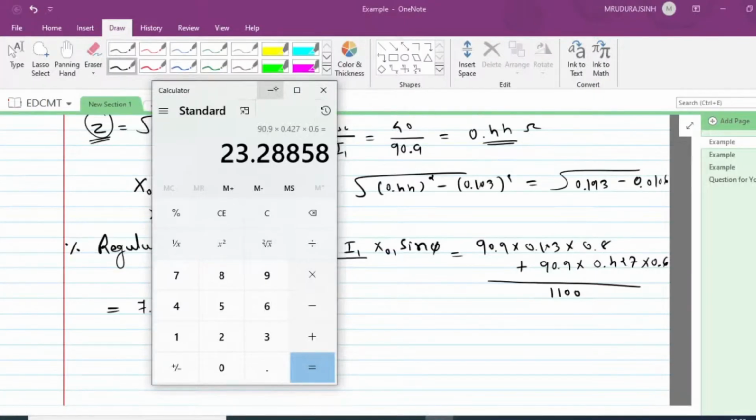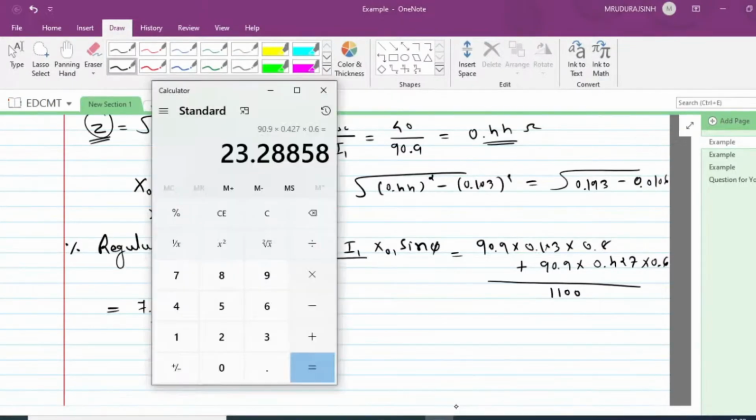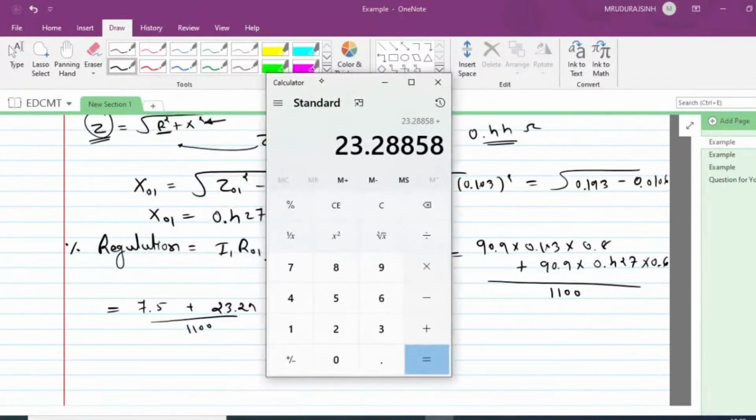So we'll take it as 23.29. So 23.29 divided by 1100, plus 7.5 divided by 1100, that is 0.02798. So we'll take it as 0.028.